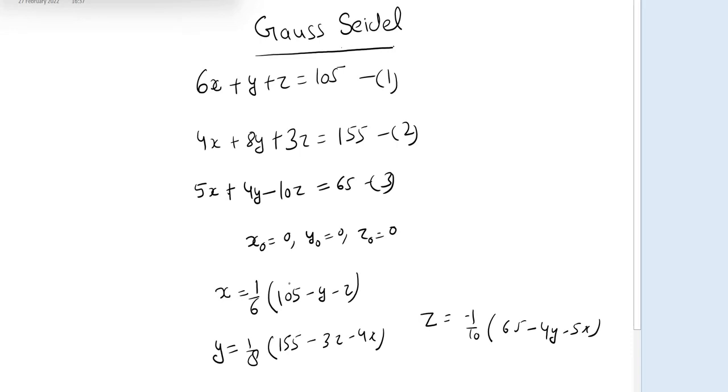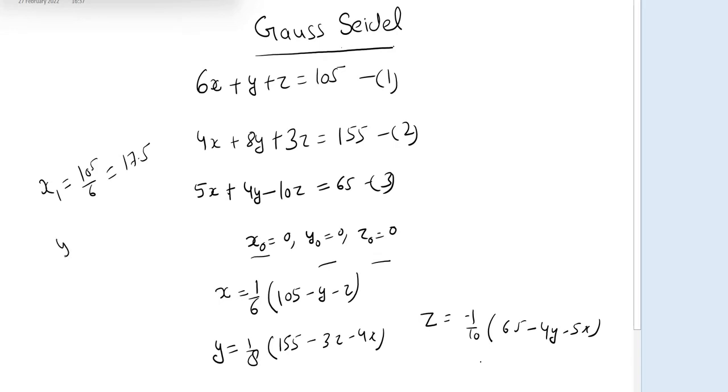In the Gauss-Seidel method, we first use the initial guesses, then we find each variable from the given equations: x from the first equation, y from the second equation, z from the third equation. To find the values, we use these initial guesses. For x, we use the initial guesses for y and z, which are 0, and we find x1 is equal to 105 by 6, equal to 17.5.